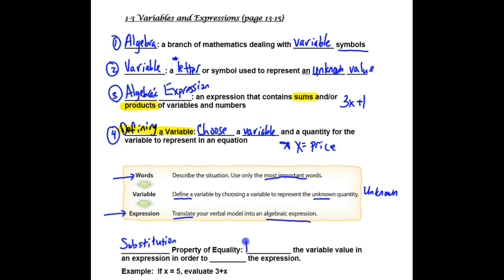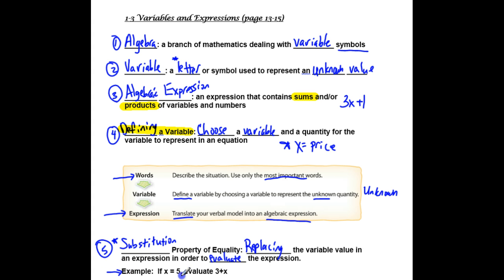And that's basically the process of replacing a variable value in an expression in order to evaluate the expression. That's an important one there, by the way. I guess this is number 5. And here I put an example on the page for you.